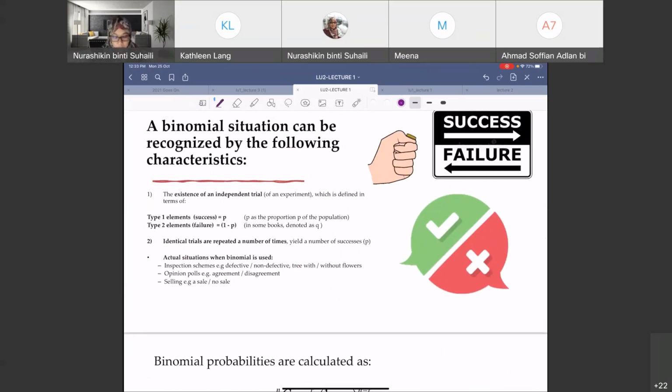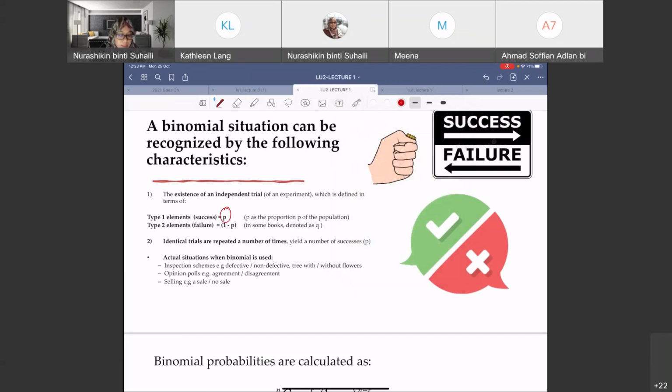And when we want to define, let's say we talk about success and failure, the probability of success, we denote it as P. And of course, the other one, because we know that 100% is the total percentage. I mean, when we convert it into decimal point, it is 1.